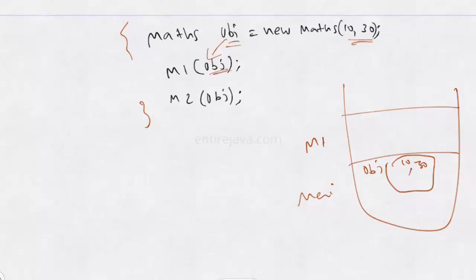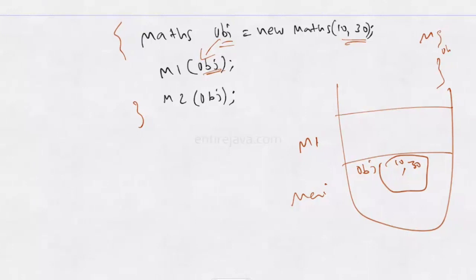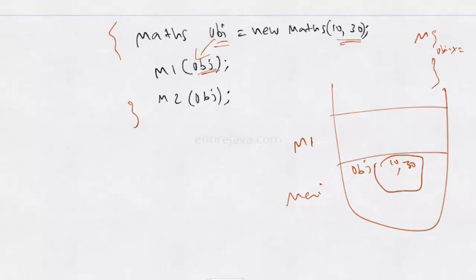And let's say inside this m1 method, I updated the state of this object. Let's say object.x, I changed this value 10 to 20. Let's assume so. So now inside we'll have an object with the value 20 for x.